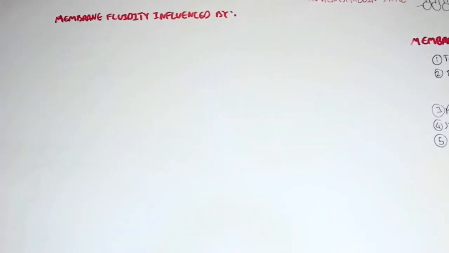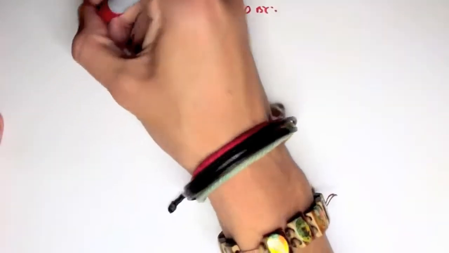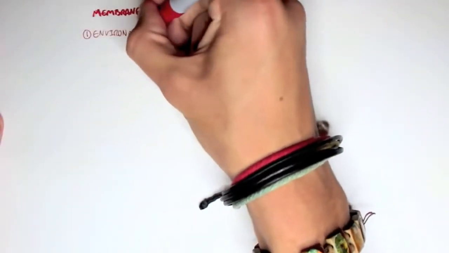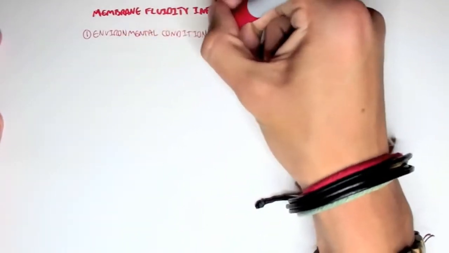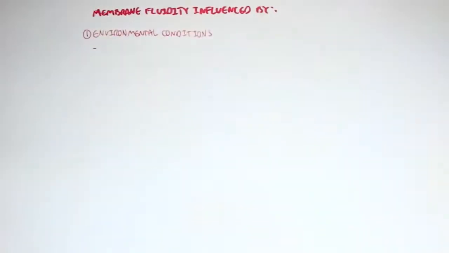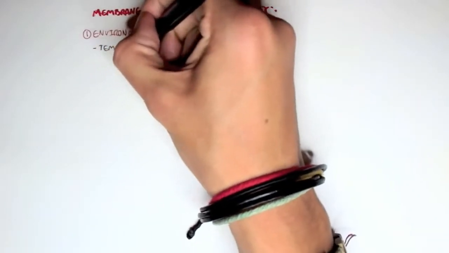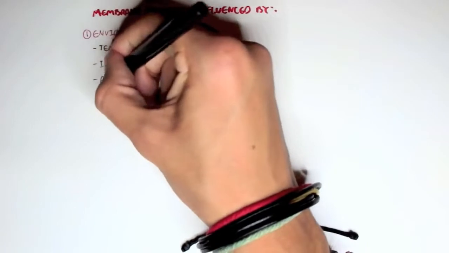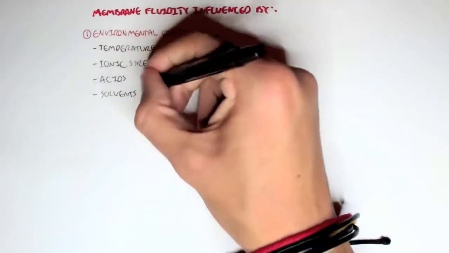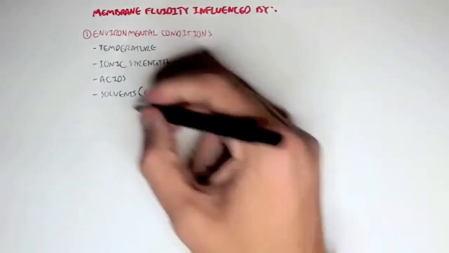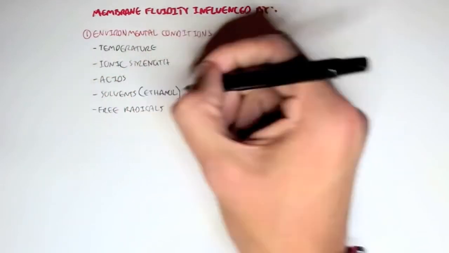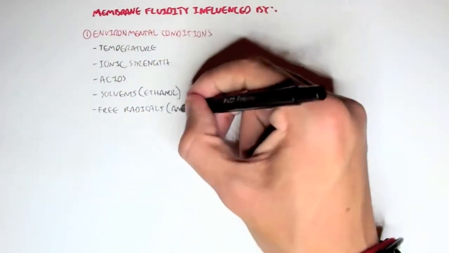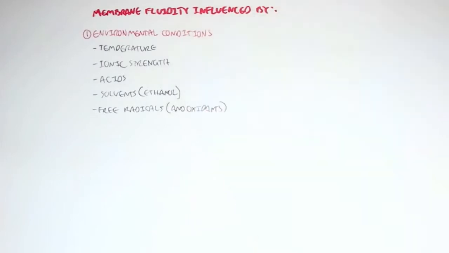Now let's talk more about the membrane fluidity and what it's influenced by, and look at other factors, such as environmental conditions. And as mentioned before, temperature plays a vital role in the environment, and we also have the ionic strength within the area, whether there's a lot of ions around, the acidity, if there's solvents present, such as ethanol, and if there's free radicals and oxidants, which can potentially damage the membrane.